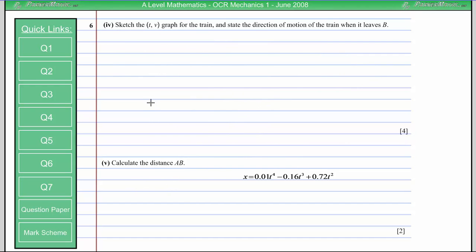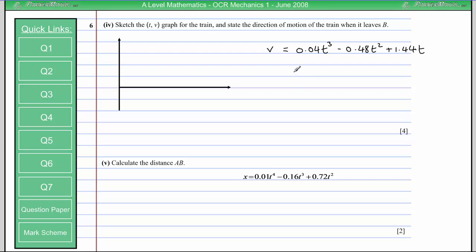In question 6 part 4, we need to sketch the velocity time graph for the train and state the direction of motion of the train when it leaves B. Let's draw ourselves some axes ready. And we're going to need to borrow some information from earlier in the question in order to sketch this graph. We know that it's going to be a cubic shaped graph because the highest power is t cubed.